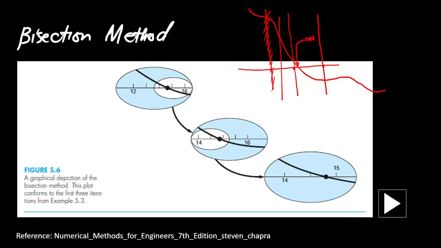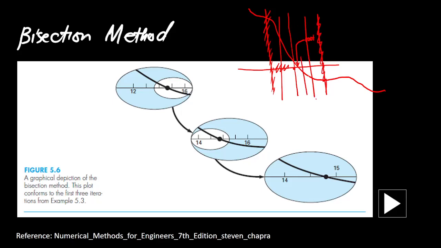If you choose to replace this one, you're taking half of it, and you're considering this bracket where there is no root. So you should be replacing the lower bracket rather than the upper bracket. Then continuing, taking the half. Let's just say that you will be replacing again this one and updating your upper bracket, this one, and so on.